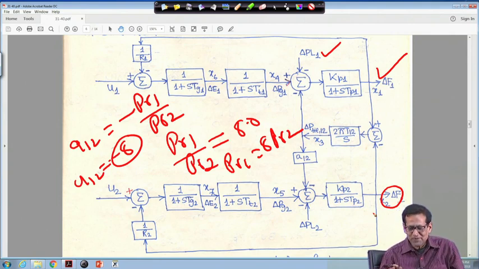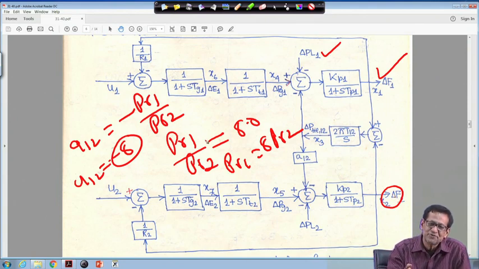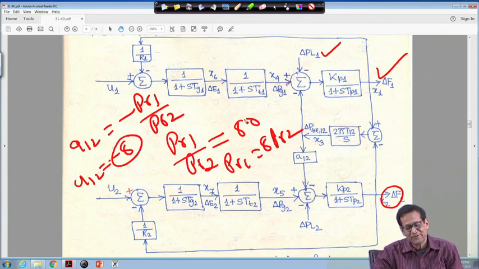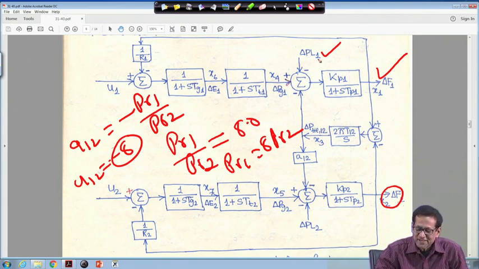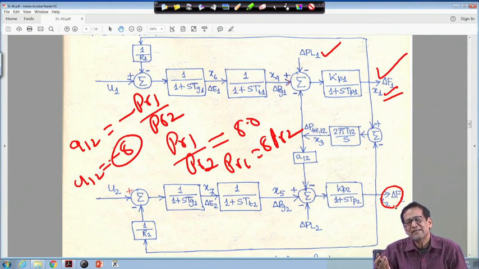That means the area capacity ratio increases, as we have taken here, PR1 is much higher than PR2. Then for a load disturbance here, the frequency deviation will be there in area 1, but in area 2 it is almost flat.